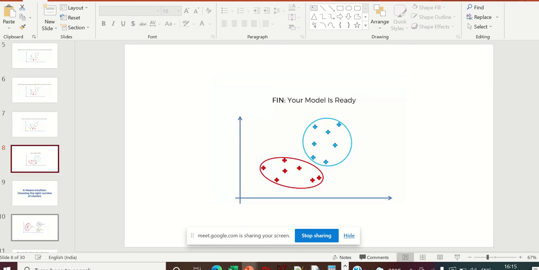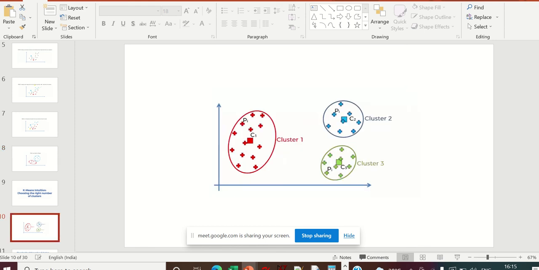Now, how many clusters you want depends on a method called the elbow method. Say you want 10 clusters, it will start from 10 clusters. Your 40 students will be divided into 10 clusters.